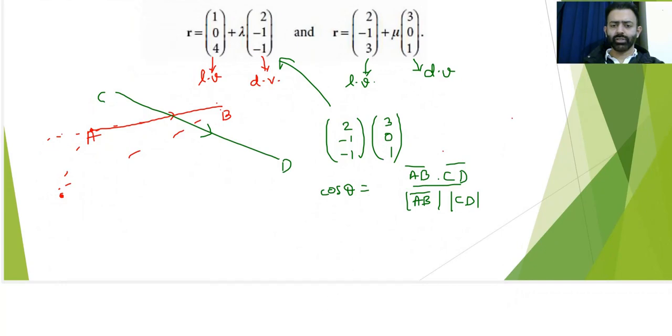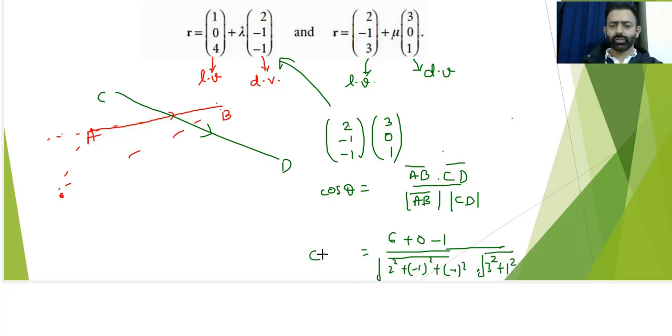Taking the dot of these two, I'm writing 2 into 3 is 6, -1 into 0 is 0, and 1 into 1 is 1, over mod of AB, which will be 2 squared plus (-1) squared plus 1 squared, multiplied by modulus of CD, which is 3 squared plus 1 squared.